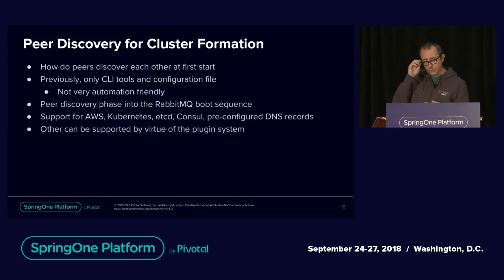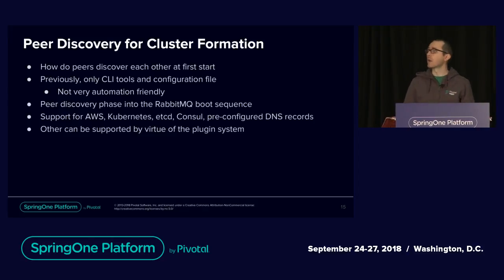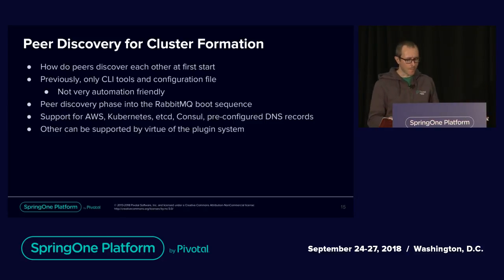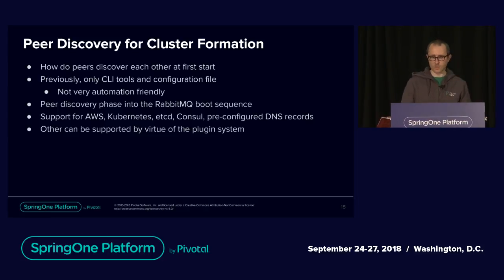And we currently support many different platforms like AWS or Kubernetes, service registries like etcd and Consul, and also DNS records. So the point here again is for operations, to make the installation and the deployment of a cluster much easier with this new discovery and extensible mechanism.